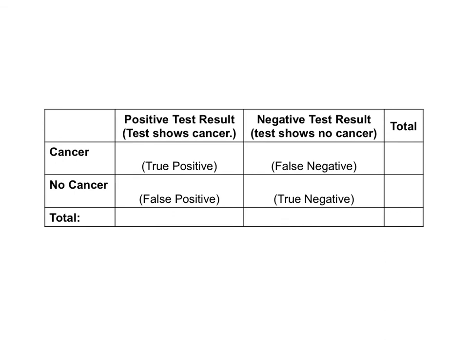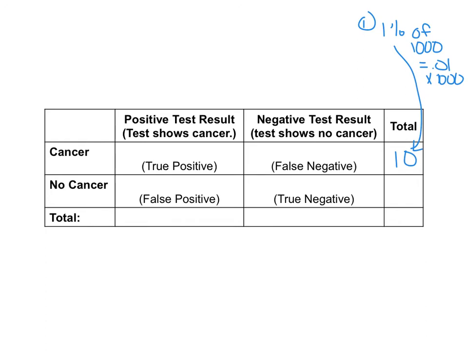So we know that 1% are expected to have cancer. So we're going to look at this top row of have cancer. To get this first cell, I'm going to say 1% expect to have cancer, so 1% of the 1,000. So you're going to just do 0.01 times 1,000, and this is going to give me 10.